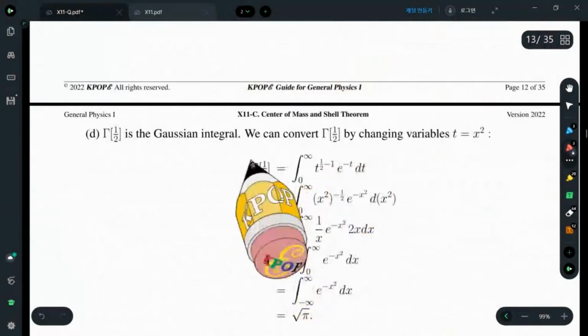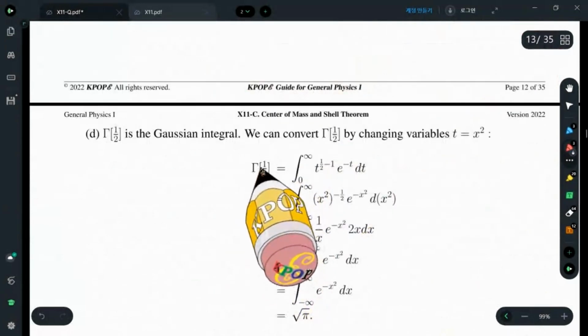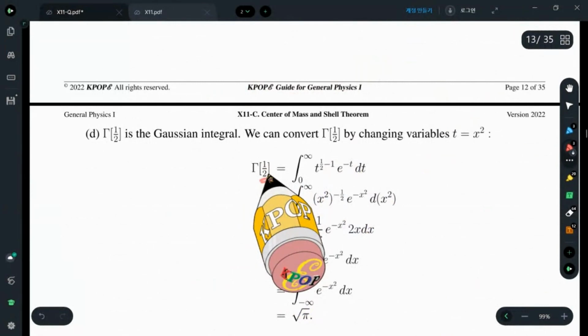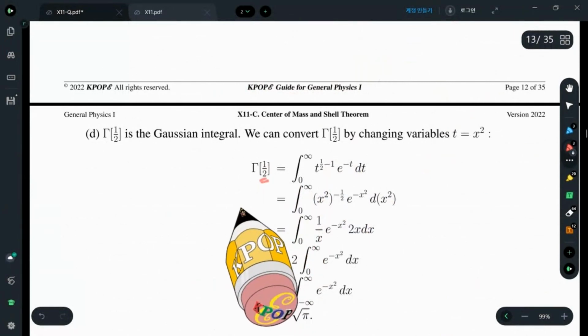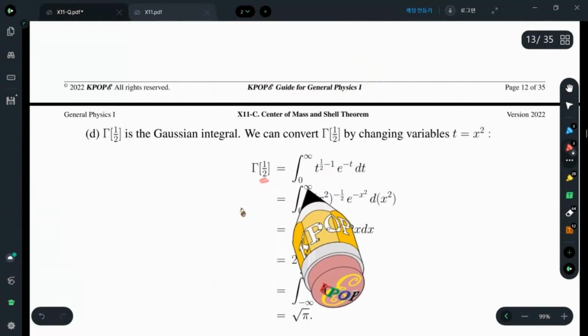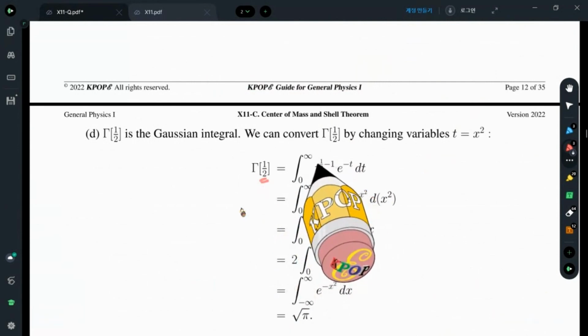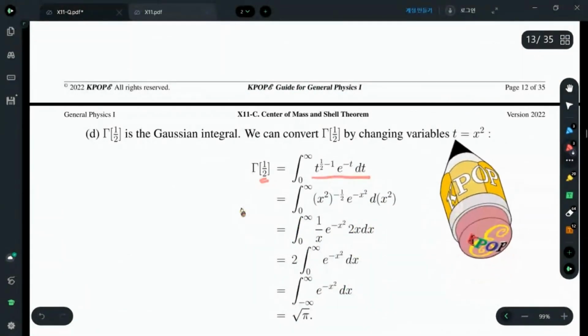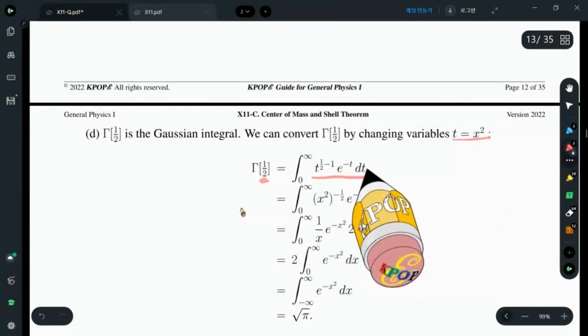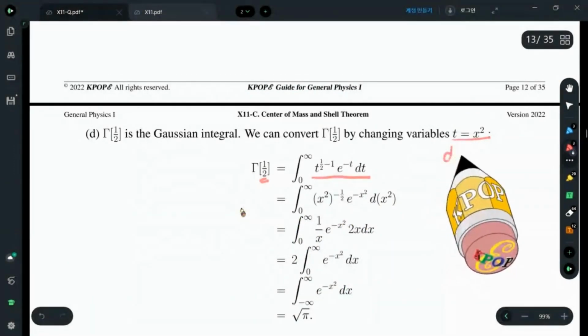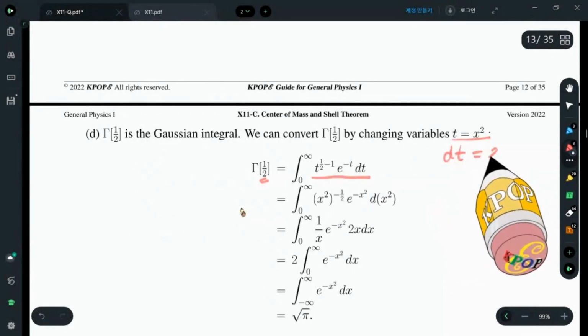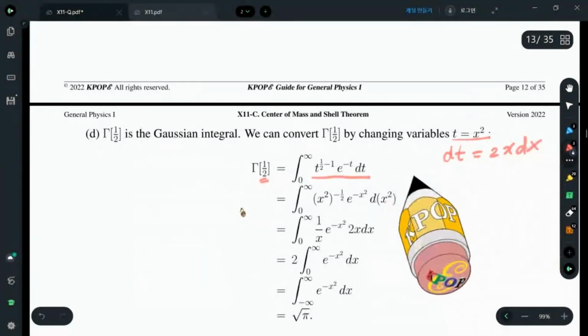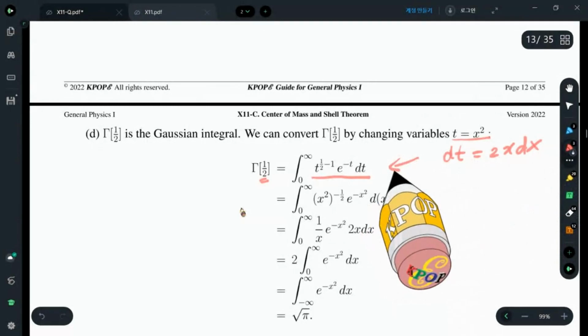However, in case you have a non-integer as an argument, let us substitute 1/2. Alpha minus 1, alpha is 1/2. And now, why don't we change variable? t equals x squared. Then dt equals 2x dx, something like that. So we substitute in here.